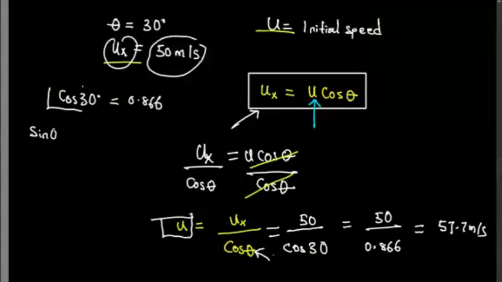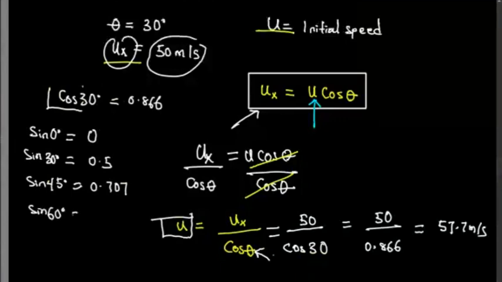You know that sine 0 degrees is equal to what? Equal to 0. You know that sine 30 degrees is equal to what? 0.5. Cram these values I'm giving you now. Memorize them. You know that sine 45 degrees is equal to 0.707. We know that sine 60 degrees is equal to 0.866.